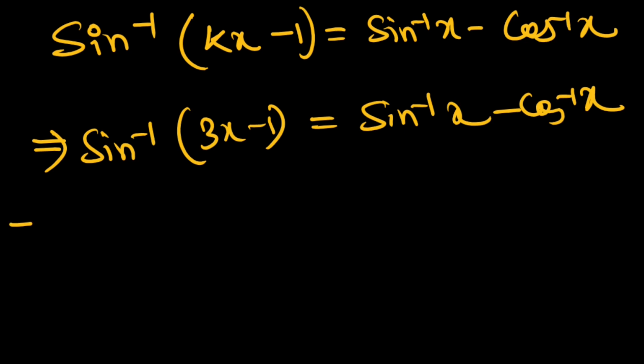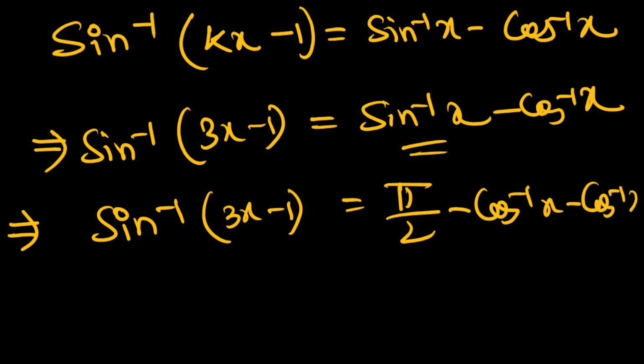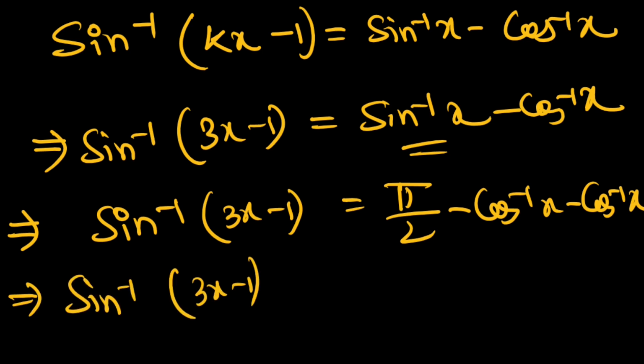We know that sine inverse x plus cos inverse x is equal to pi by 2. So we replace sine inverse x with pi by 2 minus cos inverse x, and the other cos inverse x remains the same. Therefore sine inverse of 3x minus 1 is equal to pi by 2 minus 2 cos inverse x.